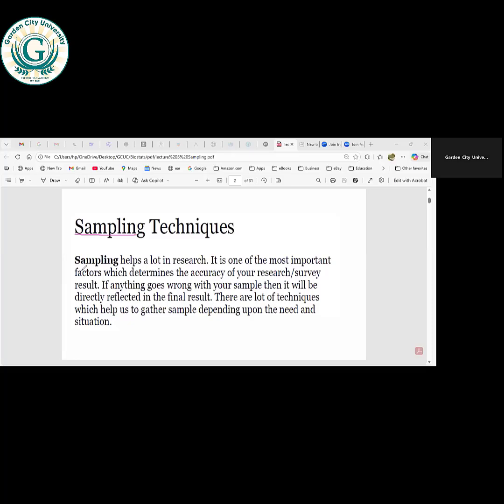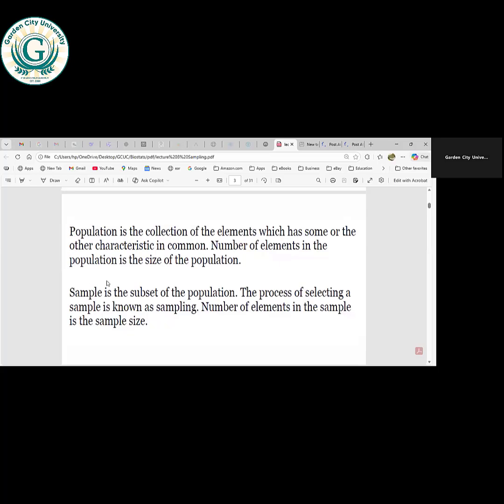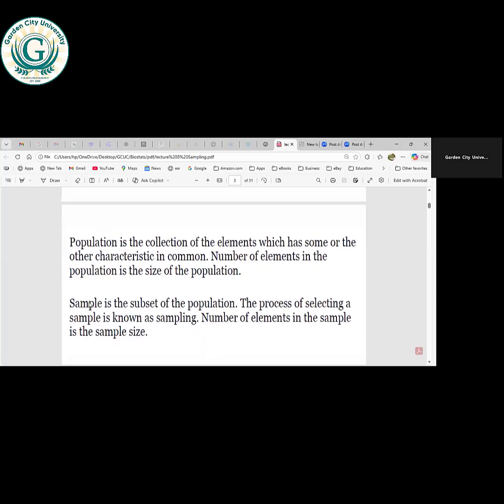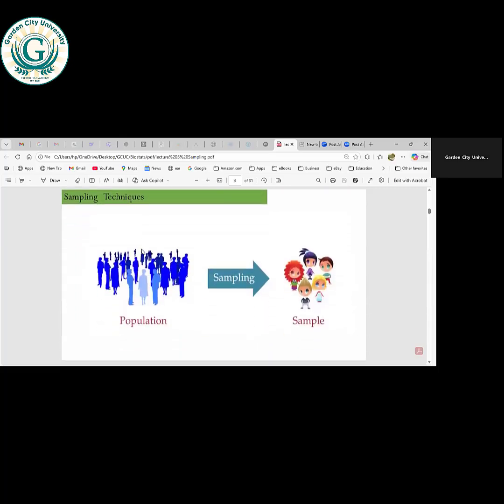Okay. So when we say sampling, it is the process that we go through to get our sample. So the process that we go through to get our sample is what we term as sampling. I've already talked about population and sample, so I'm skipping this.